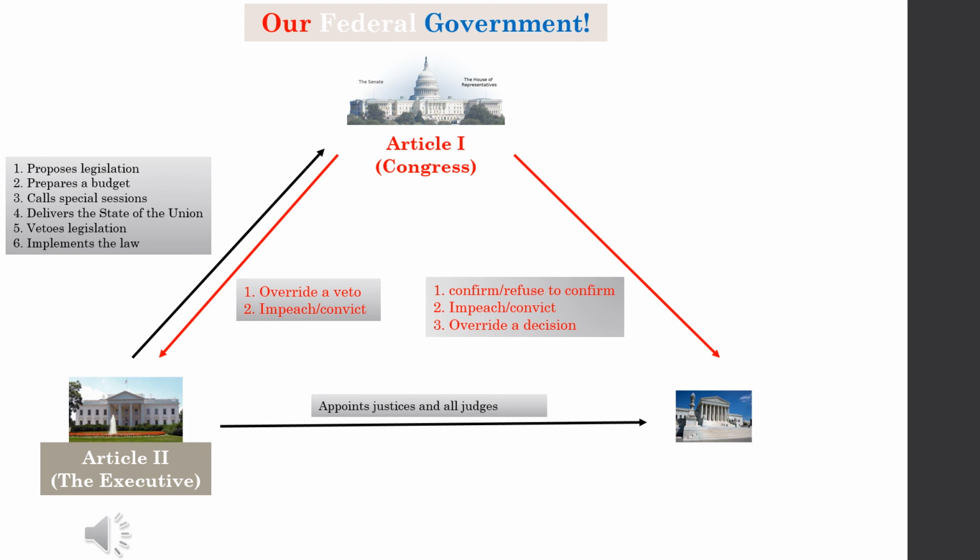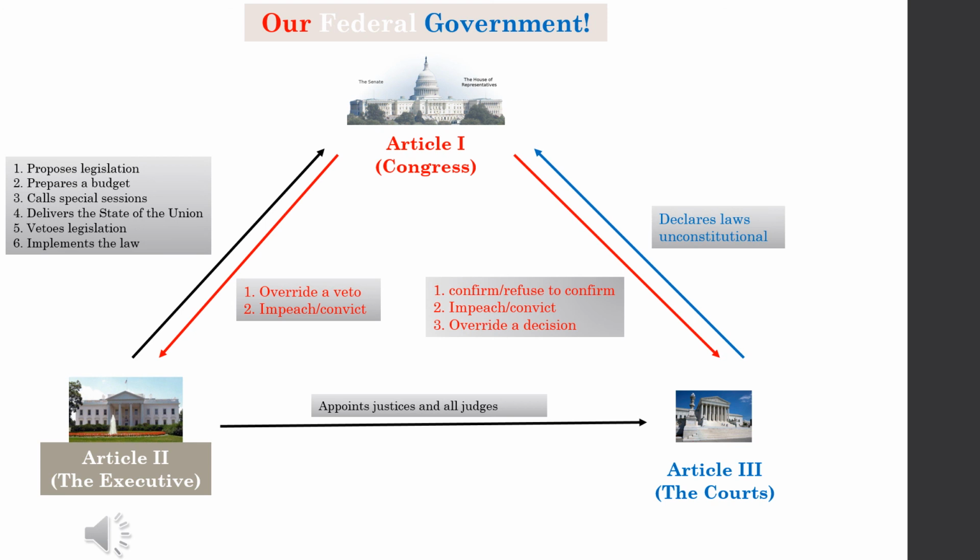Finally, we have the checks from the courts, Article 3. The courts check Congress by declaring laws unconstitutional, and the court checks the president by declaring executive actions unconstitutional. It is a powerful triangle, but the Founding Fathers built it so that it goes against itself in order for us to have a limited government.